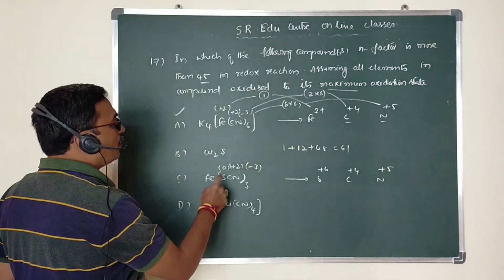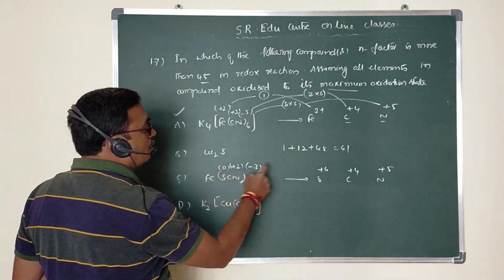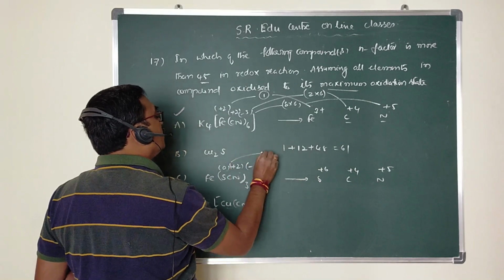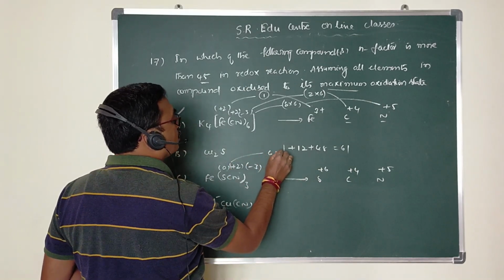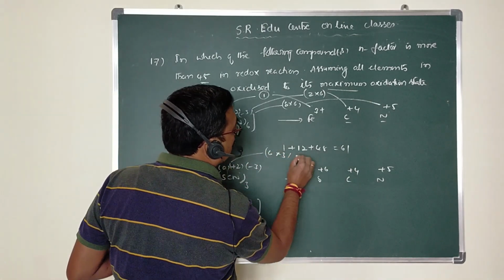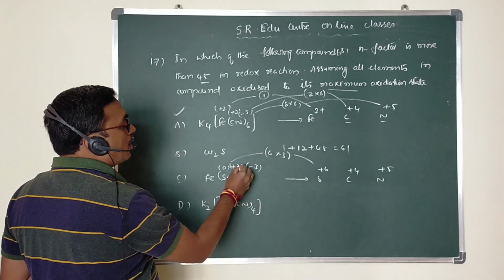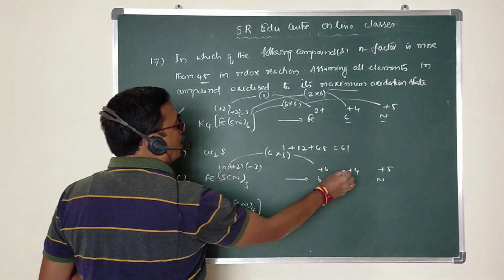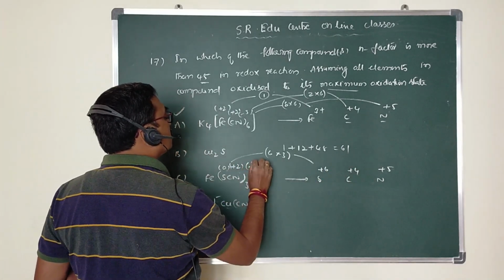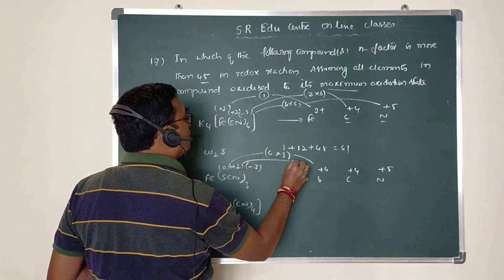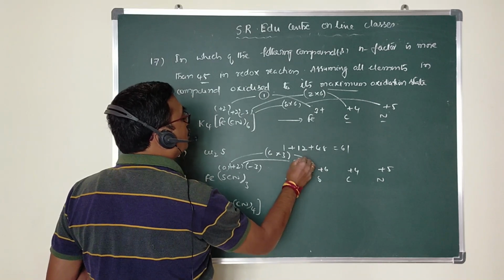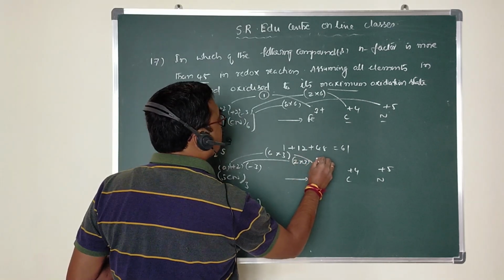So the sulfur oxidation state changes from 0 to +6. So the change is 6. How many are there? 3. So 6 into 3. The carbon oxidation state here is +2 and here is +4. The change is 2. 2 into 3, 3 atoms are there, 6.